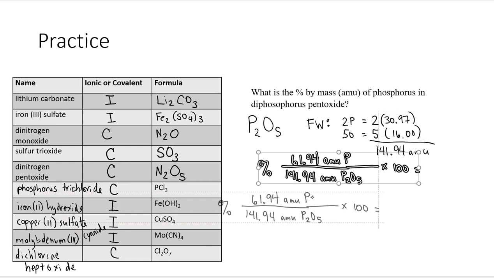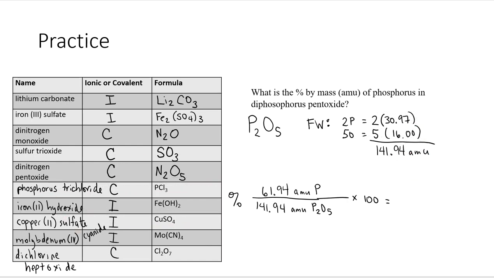Let me move this down so it's easier to see. There you go. 61.94, that's the amount that's just phosphorus, divided by 141.94, that's the amount that's total, times 100 gives you a percent phosphorus of 43.6%.